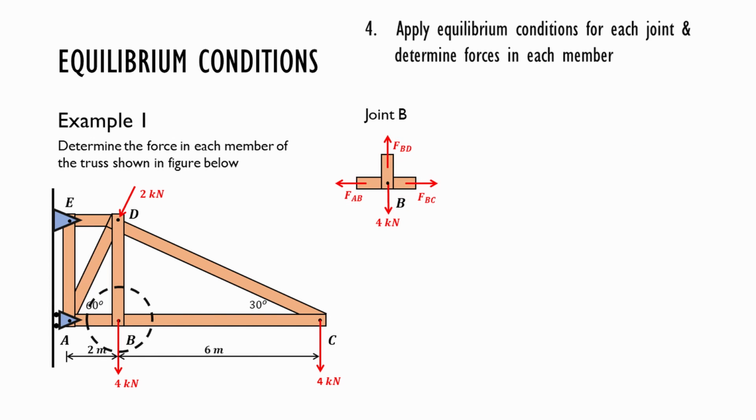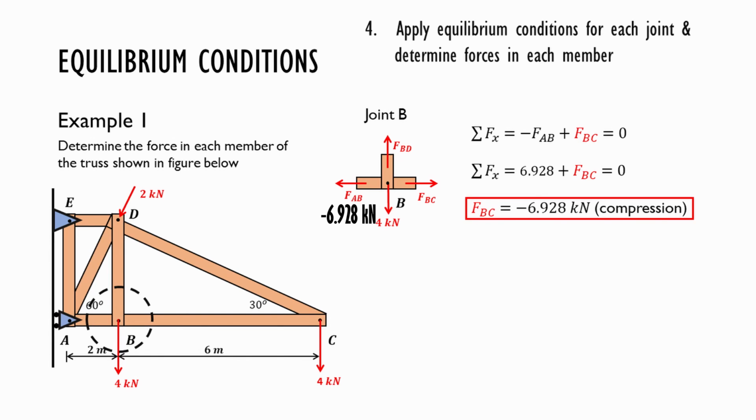Now, applying equilibrium conditions for joint B. We already know FAB, which is negative 6.928 kilonewton in compression. Sum all the forces in x direction. Sigma Fx equals negative Fab plus Fbc equals 0.